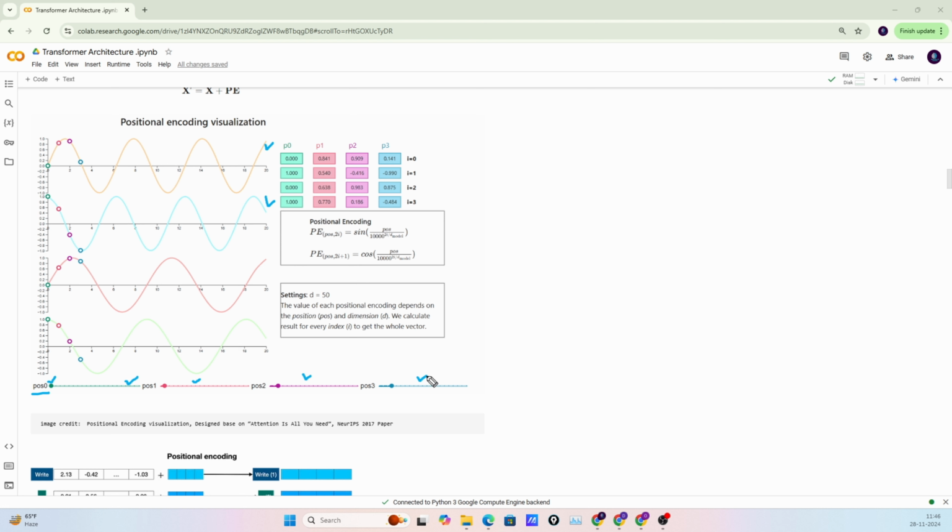This is how we represent the positioning of words, with the same colors here for positions 0, 1, 2, and 3. These sine and cosine waves take values between 1 and -1. You can see 1 to -1 in every case.